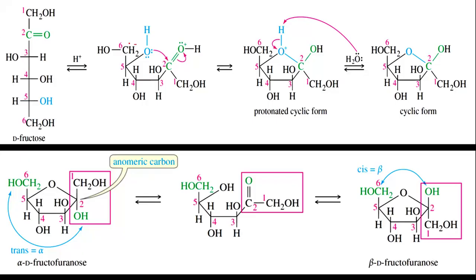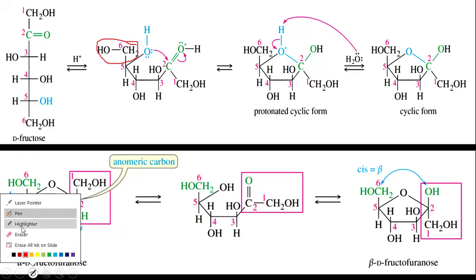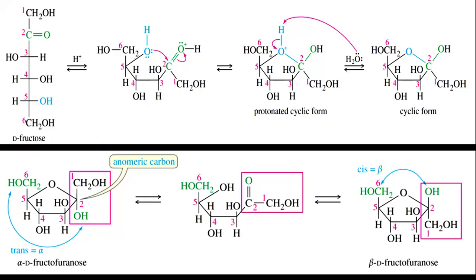If the OH group that is being formed is cis to the CH2OH group, then it is called the beta form.